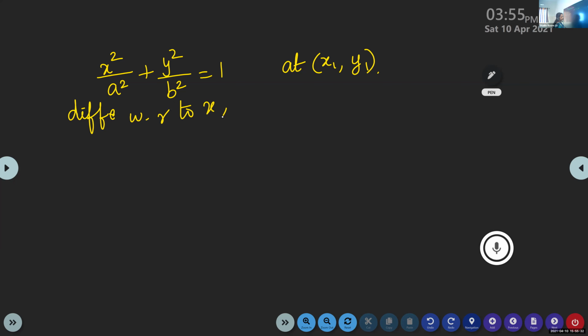What is the derivative of x square? 2x. So what is the derivative of x square by 5? 2 by 5x. Okay. Derivative of x square is 2x, so 2 by 5x.